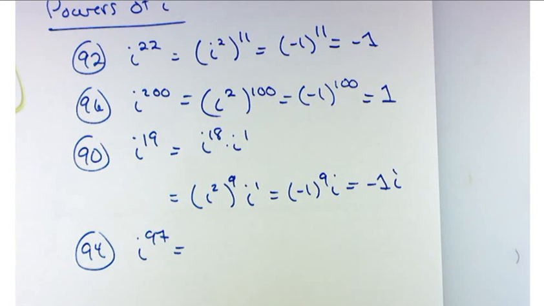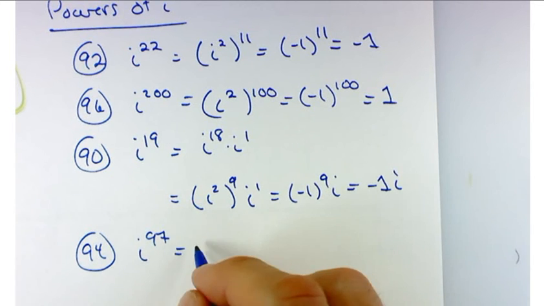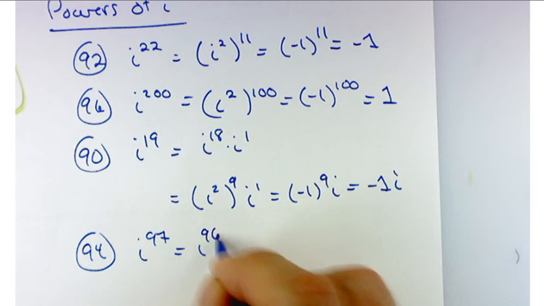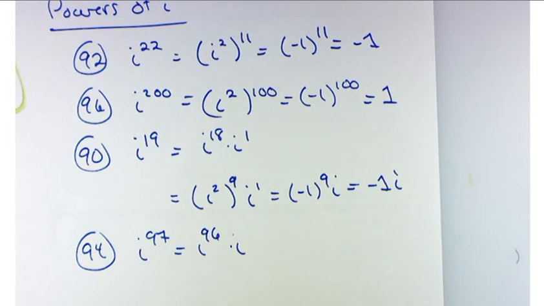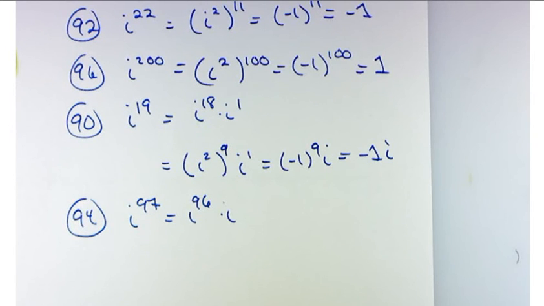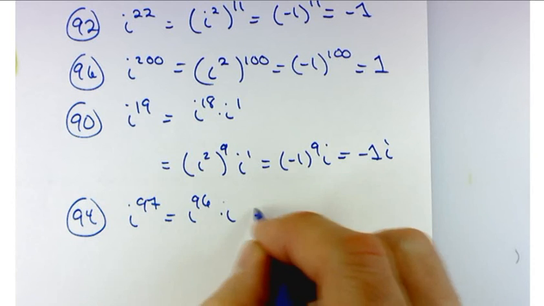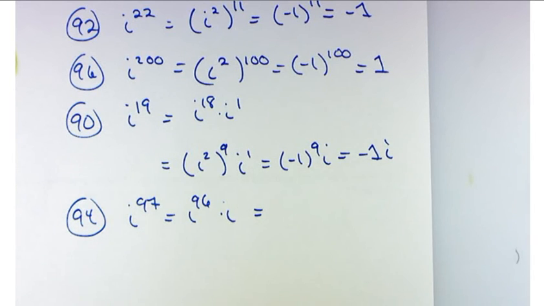So this is kind of like all 4 different examples of things that can happen when you're working with powers of I. I'm going to first rewrite this as I to the 96th power times I. See if you can finish it up. Rewrite I to the 96th power somehow, and then try and simplify what you're left with.